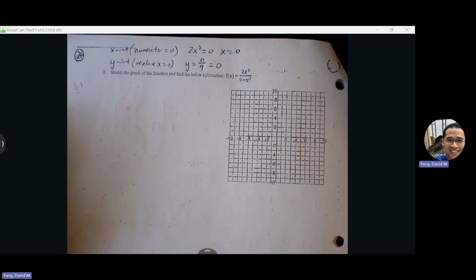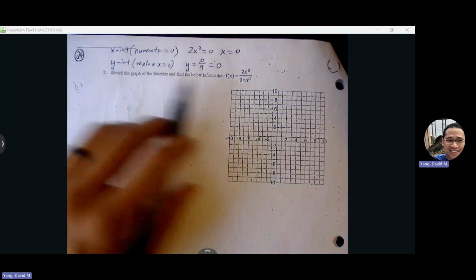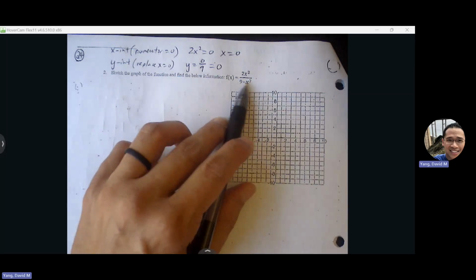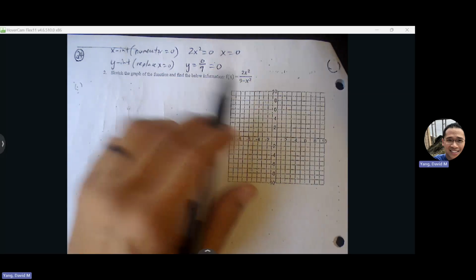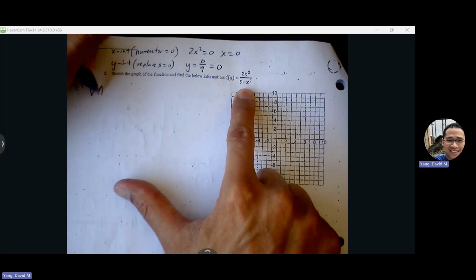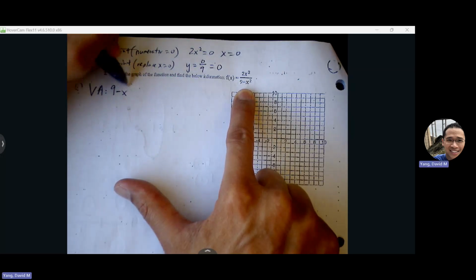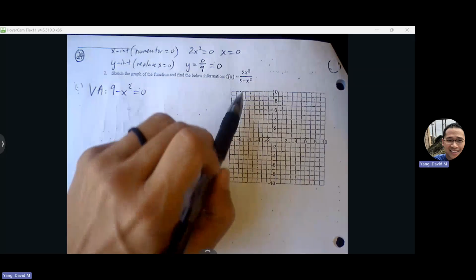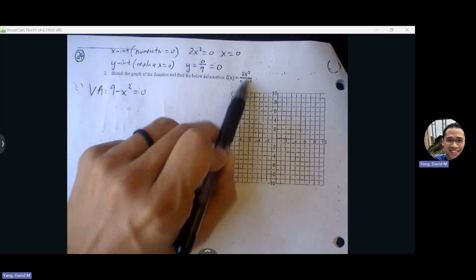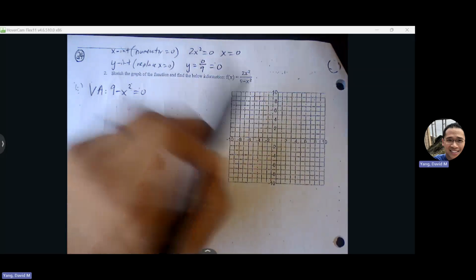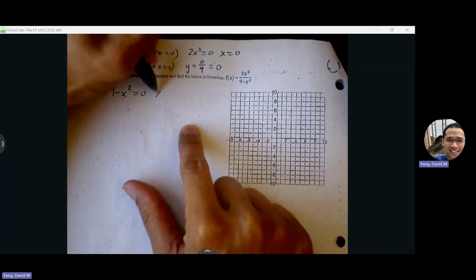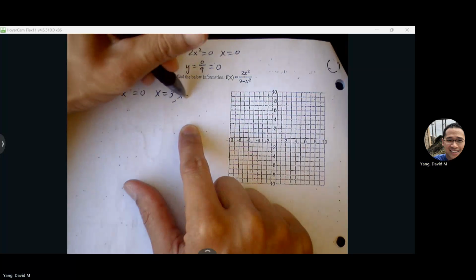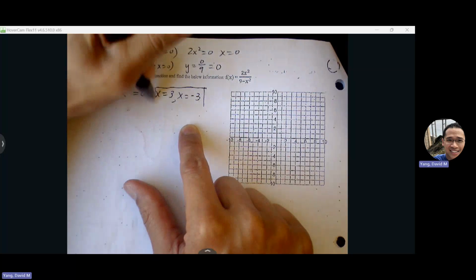So again, 0, 0 is going to show up on our graph here. We do have some additional restrictions. For vertical asymptotes, we set the denominator equal to 0. There's not going to be any holes because if I factor out that 9 minus x squared, I'm not going to get any common factor between numerator and denominator. Nothing cancels out. But we do have 2 vertical asymptotes at 3 and -3.